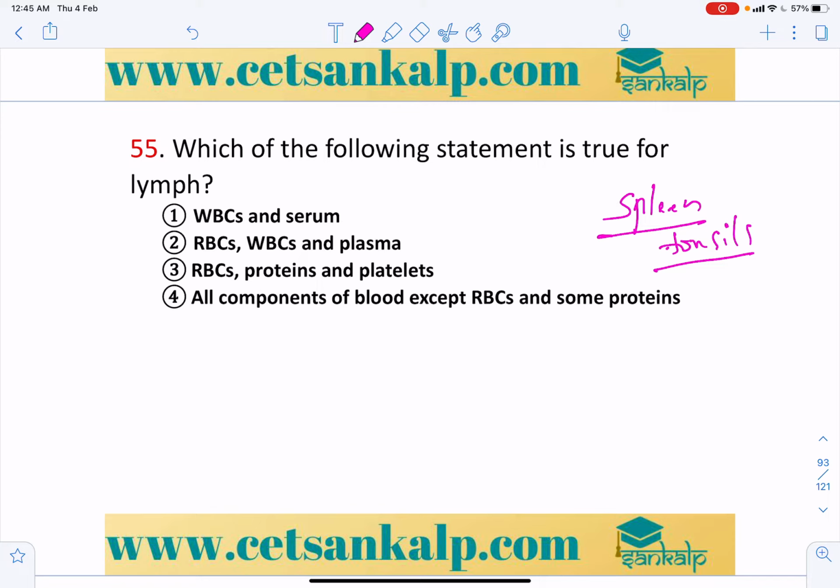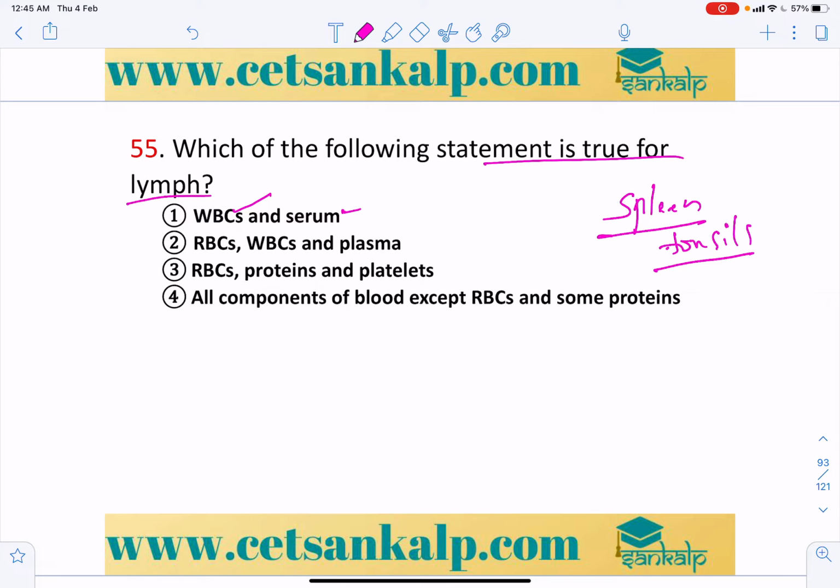Before going to the next concept, we'll take this question: which of the following statements is true for lymph? Already mentioned that lymph mainly has WBCs. In the case of serum, it means no clotting factors.